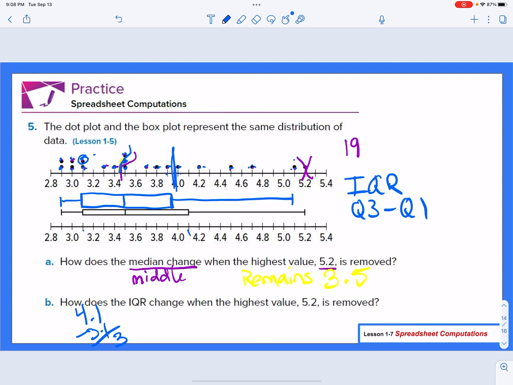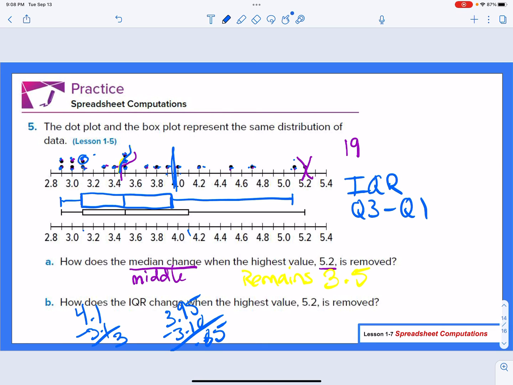So our IQR initially was 1. Now our IQR is 3.95 minus 3.10. So now when I do some subtraction there, I do end up with a different answer, okay?